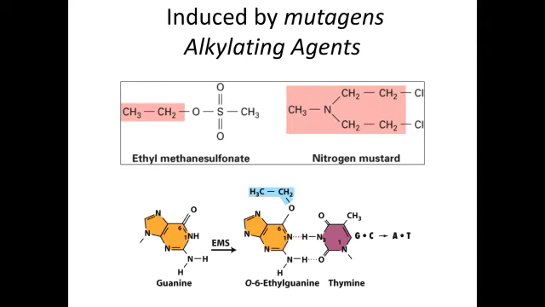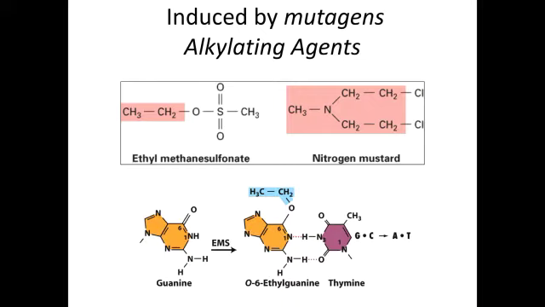But then there are also mutagens, which are chemicals that come from outside of the body. The most famous one, I would argue, would be ethyl methanesulfonate, or EMS, or nitrogen mustard. These compounds are known as alkylating agents, and they will put alkyl groups onto bases, and that will again disrupt the base pairing.